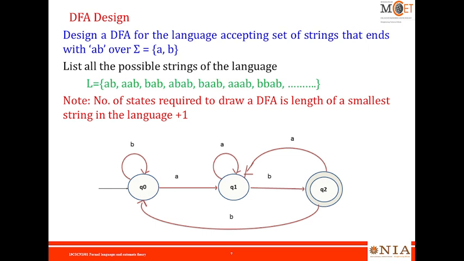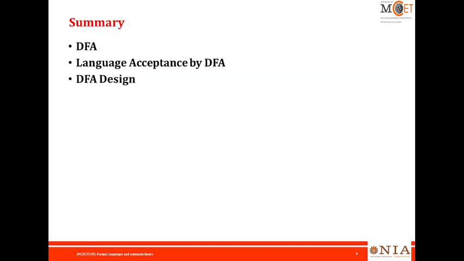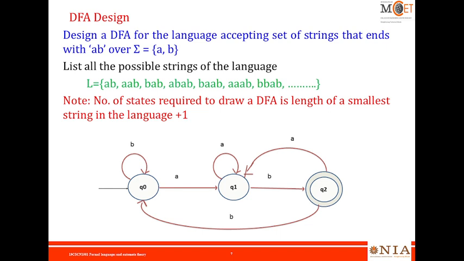If we apply δ(Q2, A) to Q1, then finally it reaches the accepting state with the condition AB. Similarly δ(Q2, B) = Q0. So like this we have to draw the DFA diagram.